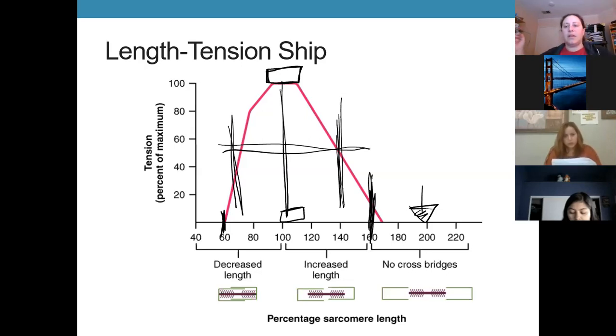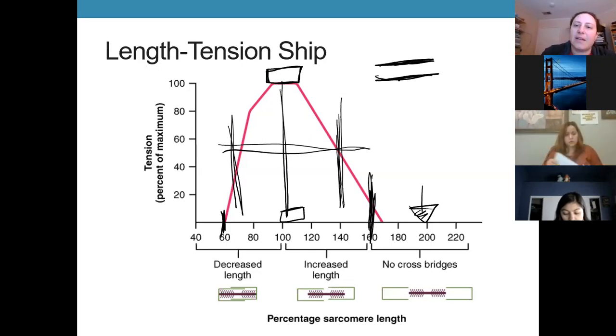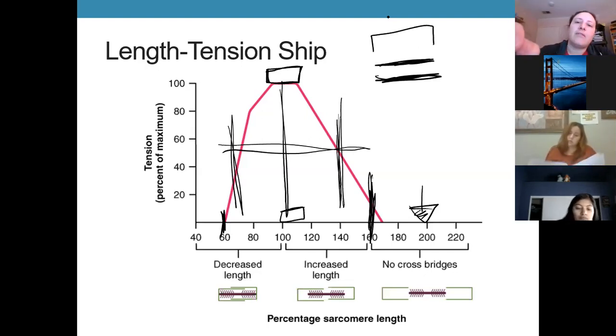All right, so yes, sarcomere, A-band versus I-band. When a sarcomere changes length, the A-band never changes, because the A-band is simply the length of the thick filaments. And because we're not actually changing the length of any of our proteins, just changing the overlap, we're never changing the A-band.